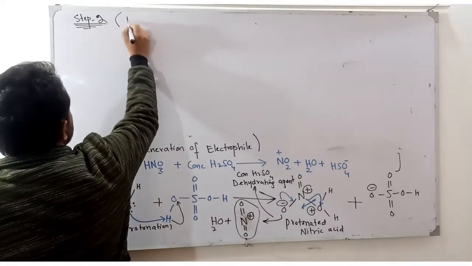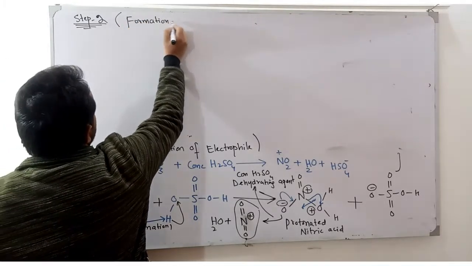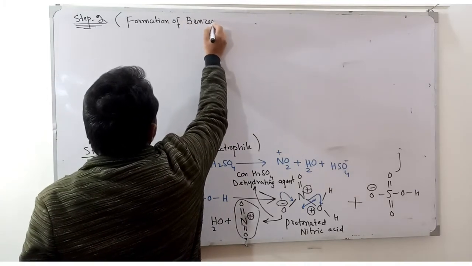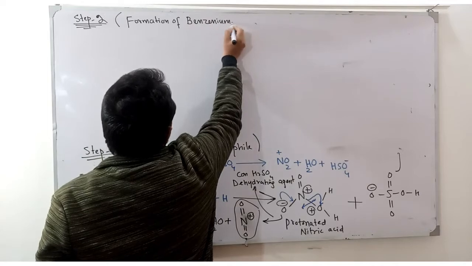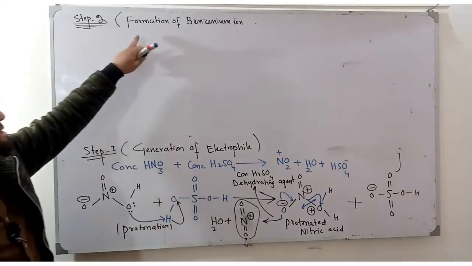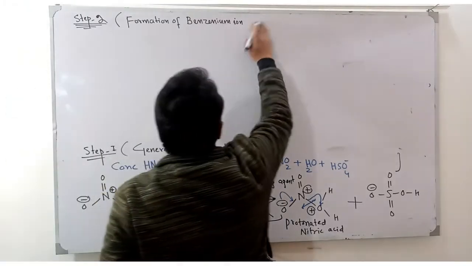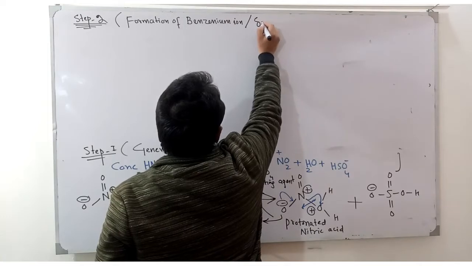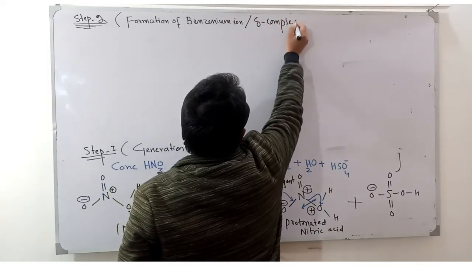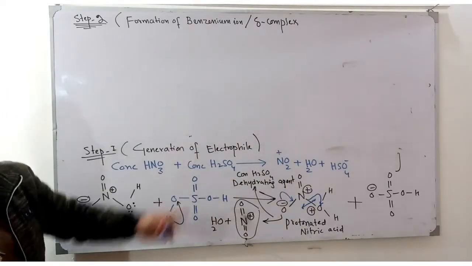The first name is formation of benzenium ion. Step number 2 is known as formation of benzenium ion, or sometimes we also call it formation of the sigma complex. Step 2 is also known as formation of the sigma complex.